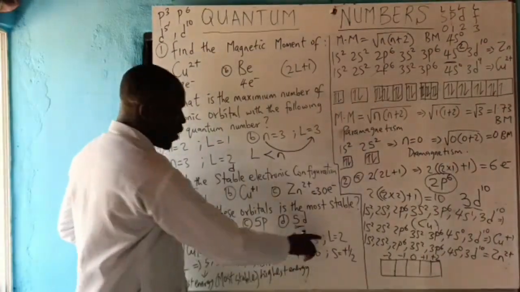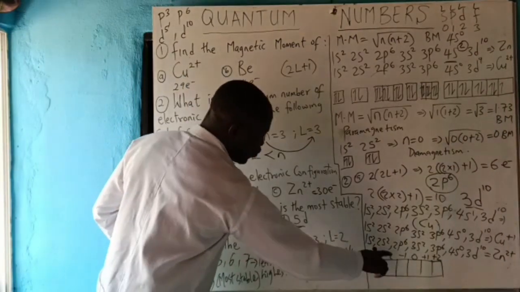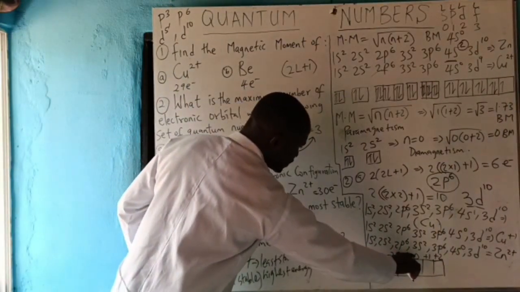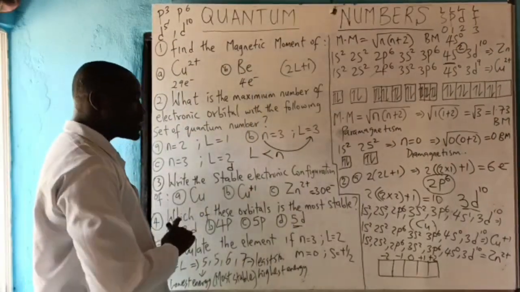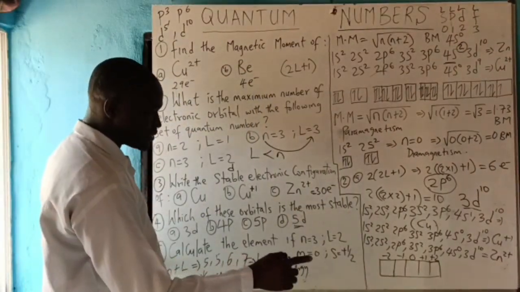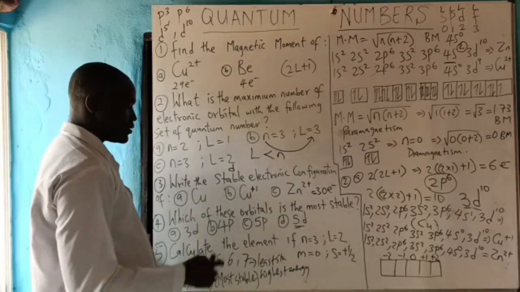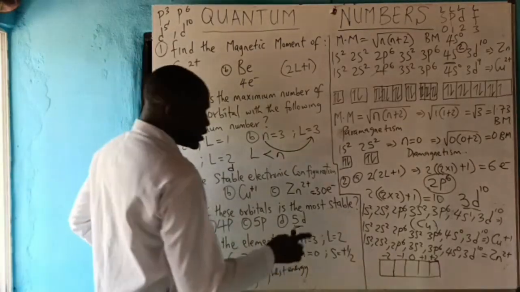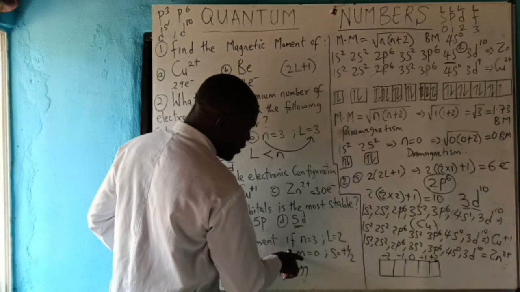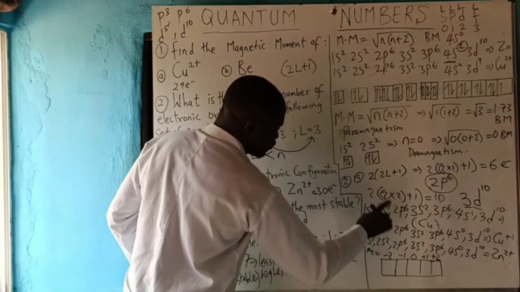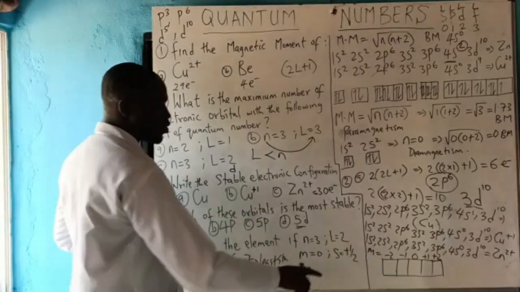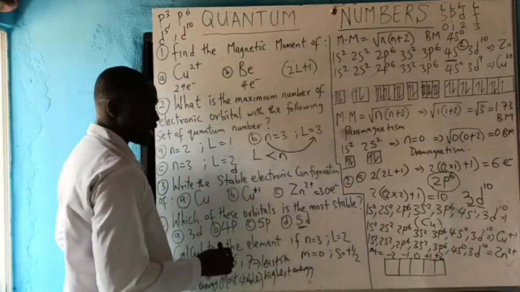When L is 2, the M will be minus 2, minus 1, 0, 1, and 2. Now, electron will be entering singly first before pairing. Okay? And it has to stop at M equal to 0 in clockwise direction.